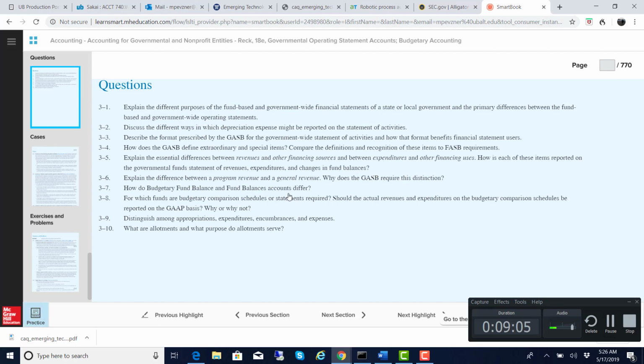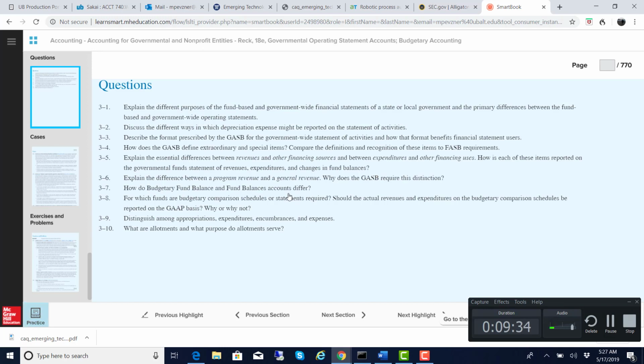Special items as defined by GASB are items within management's control that are either unusual in nature or infrequent in occurrence. Under FASB rules, special items would be non-operating items, reported below operating income in the income statement. So it's essentially a very similar definition.